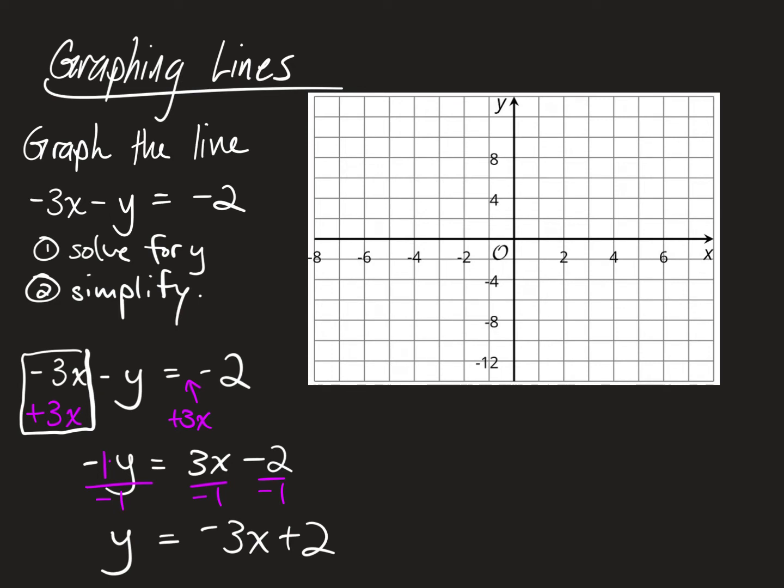Well, this equation is in what we call the slope-intercept form. And what that does is it gives us information about the slope, which is the number being multiplied to x, and the intercept, most specifically the y-intercept, and that is just the constant term being added out back.